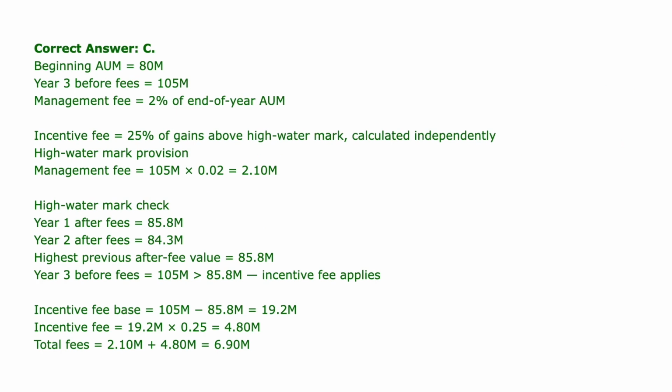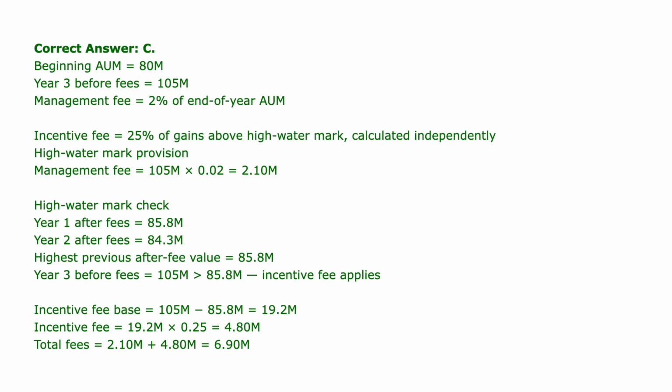The HWM is identified as the highest previous after-fee value, $85.8 million, from Year 1. Year 3 before fees, $105 million, exceeds the HWM, so the incentive applies. Management fee is $105 million times 2%, which equals $2.10 million.